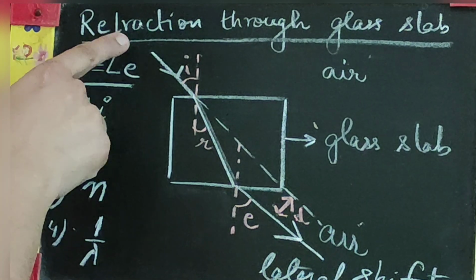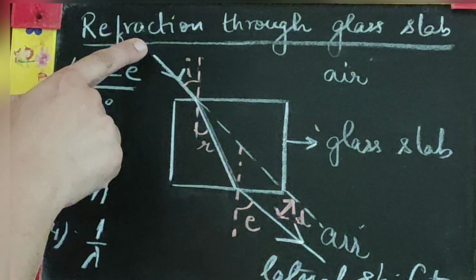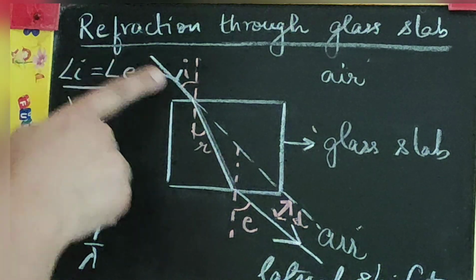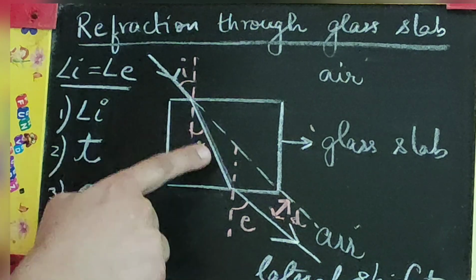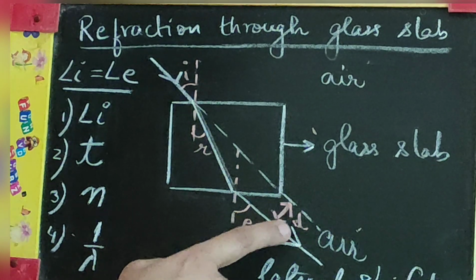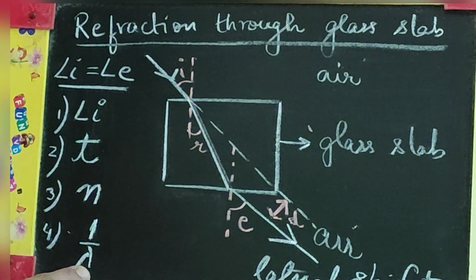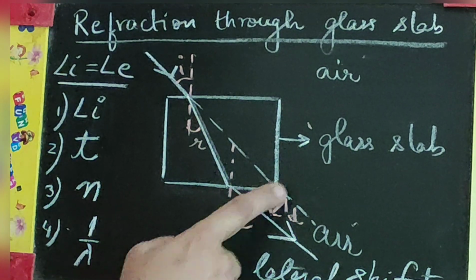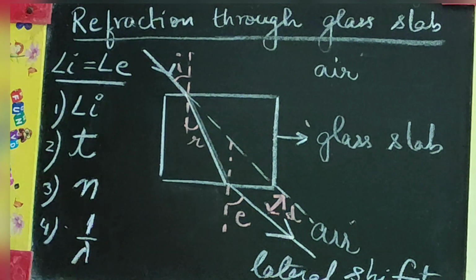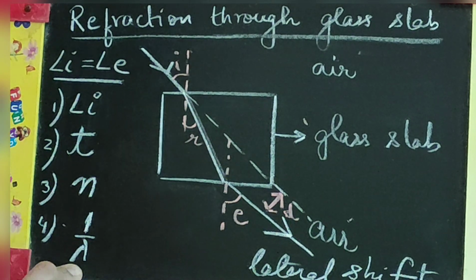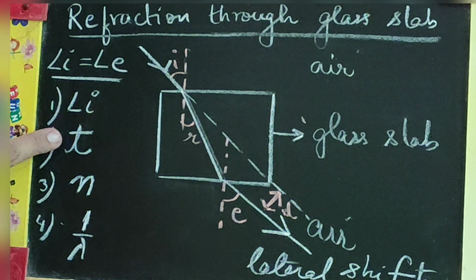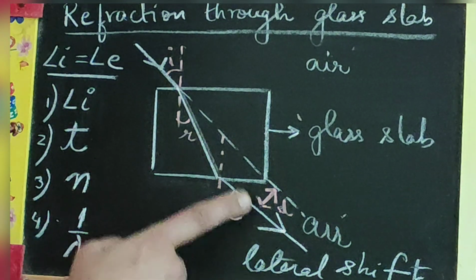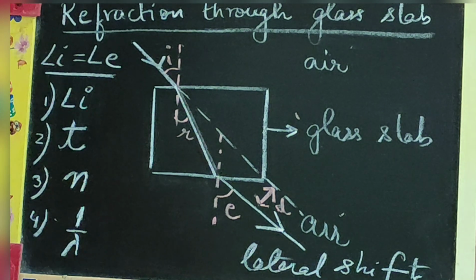So that would mean if I do this experiment with the help of a red laser and a blue laser, I would observe that a red laser will shift less from its actual path, since the wavelength of red is more as compared to blue laser light, which is going to shift more as compared to the red laser, since the wavelength of blue is less. So these are the four factors on which this lateral shift or lateral displacement through a glass slab depends.